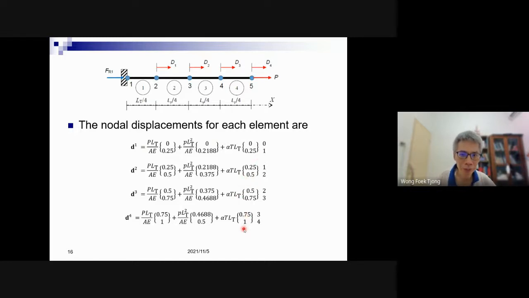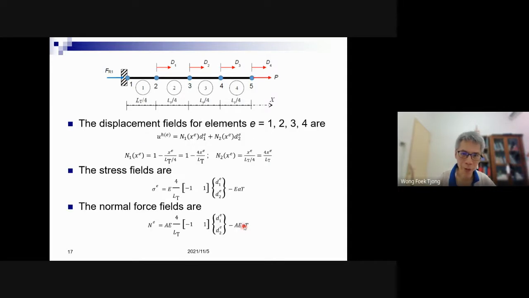After this, what can we compute? For example, how about the displacement? We know this is the answer already. We know this one, this one, this one, this one from the finite element computation before.